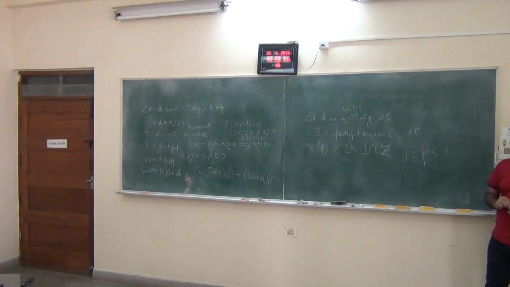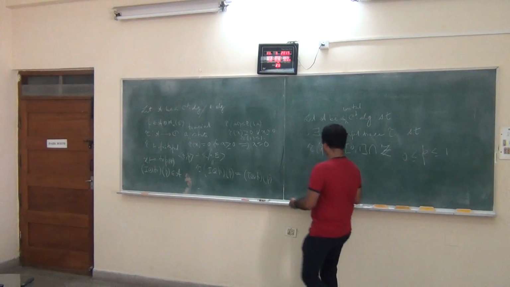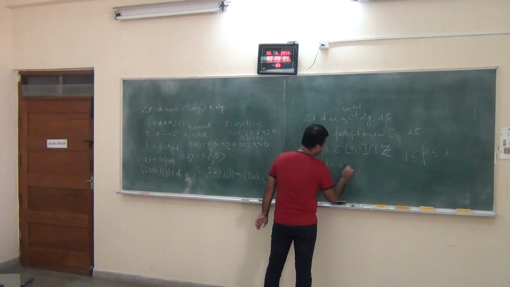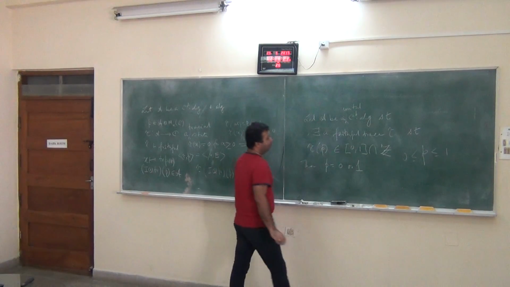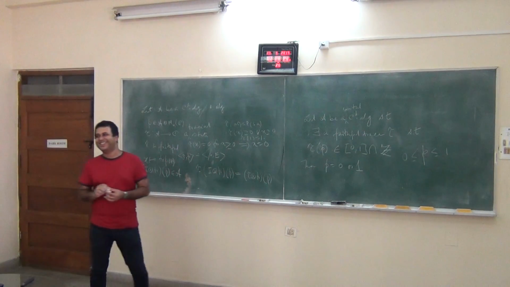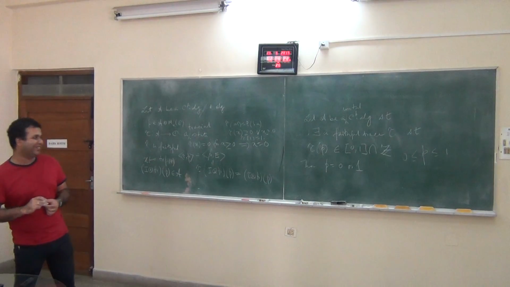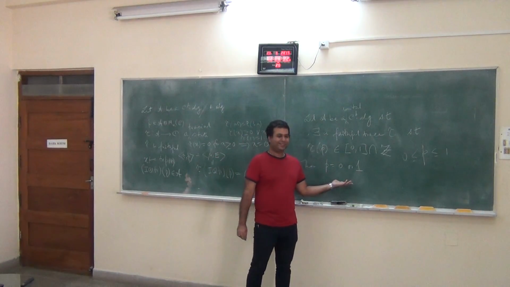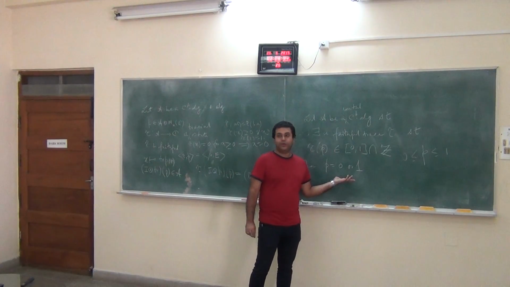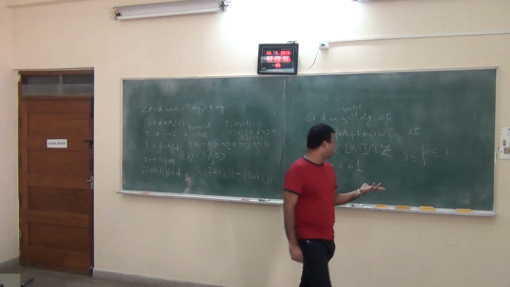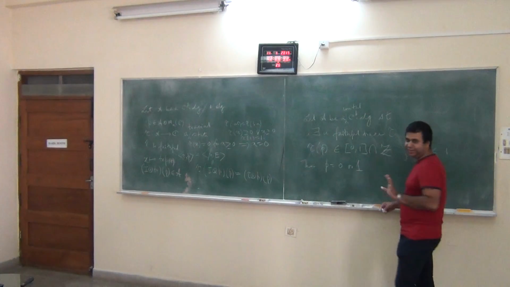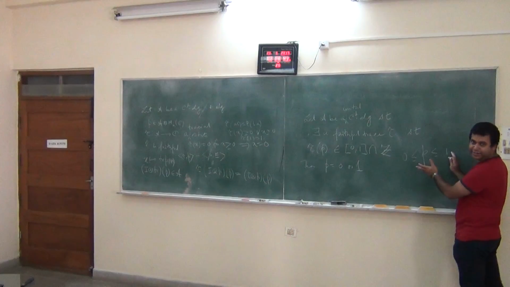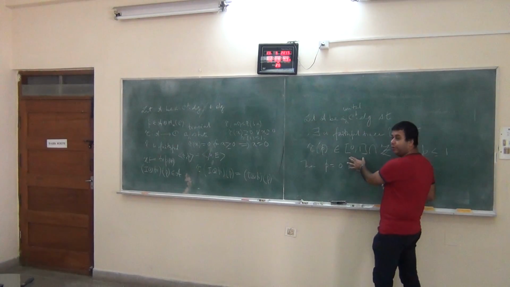then p must be 0 or 1. That's a very funny way of saying it, but that's how the proof goes. You first realize, using this fact in step 1, that it is in 0, 1.